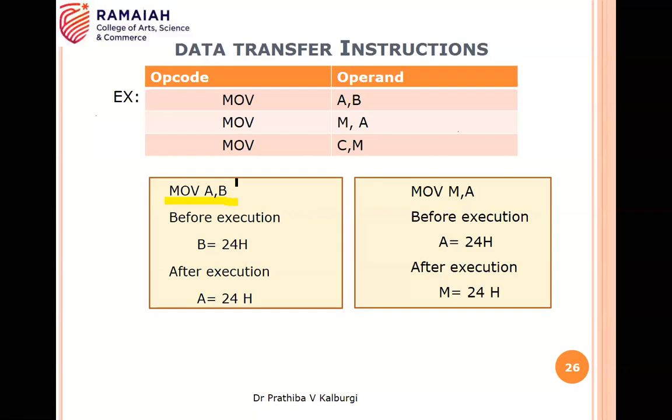The content of your B register. What is there in B? 24. So the 8-bit data 24 is present in your B register. This 24 will be transferred or moved into your accumulator, that is A, which is nothing but your accumulator. So after the execution, you will have the value in the accumulator as 24. Can you follow?